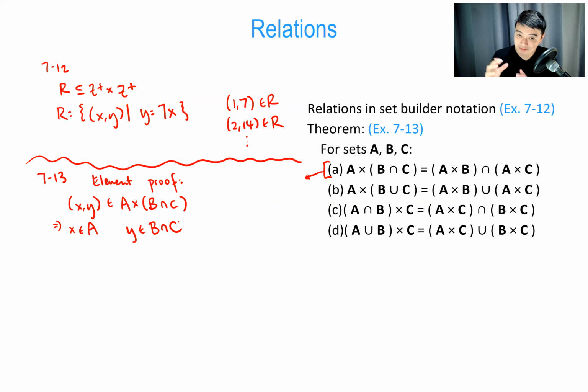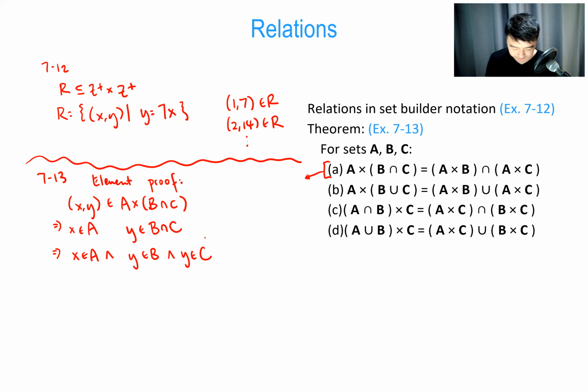Because we have this tuple xy, we know that x comes from the first set and y comes from the second set. So I hope everyone can see that. Now, to expand this a little bit, what does y in B intersect C mean? It means that y is found in B and y is found in C. So I'm going to expand this and say x is in A and y is in B and y is in C.